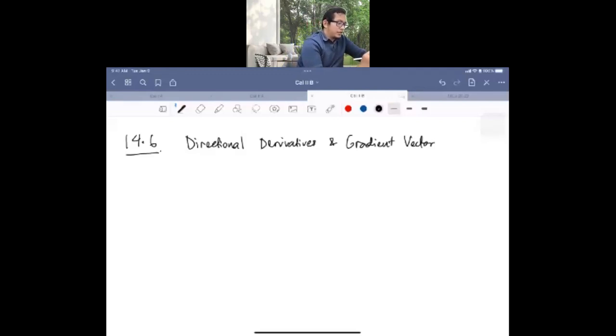Can we start by looking at the recall? Recall that z is a function of two variables x, y.